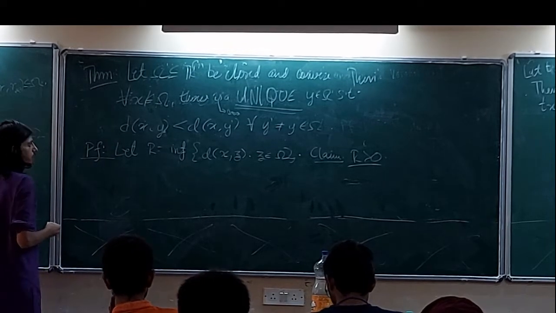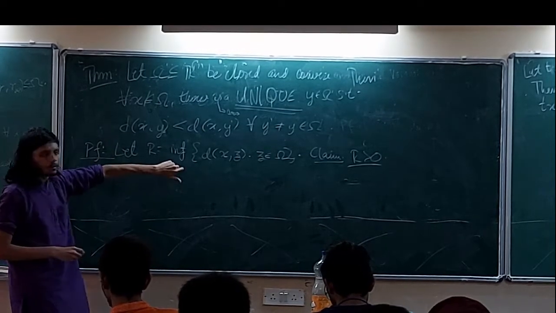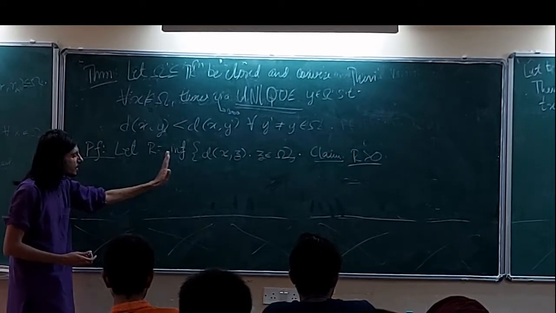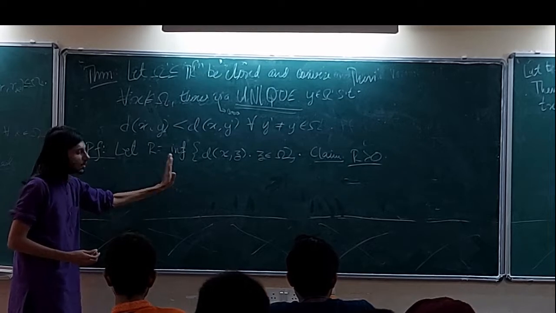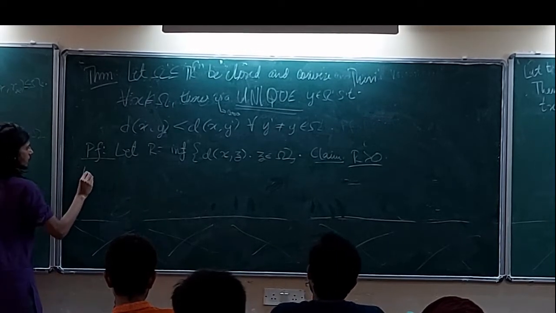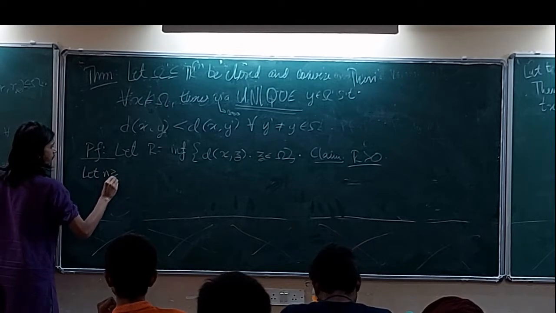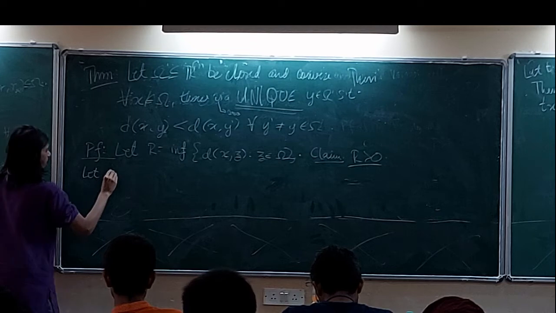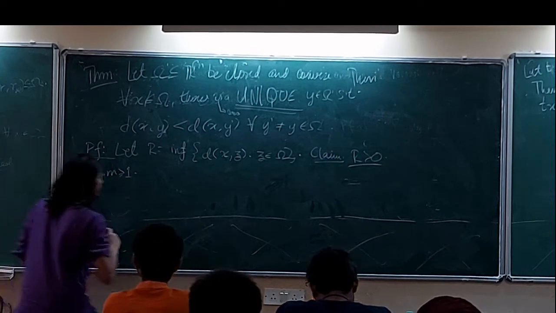Now we know that r is the infimum of the set. So what do we know from the property of the infimum? It means that something just greater than r cannot be the infimum. Let's use n, with n greater than or equal to 1.